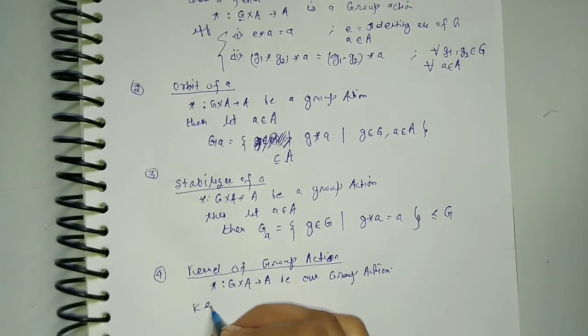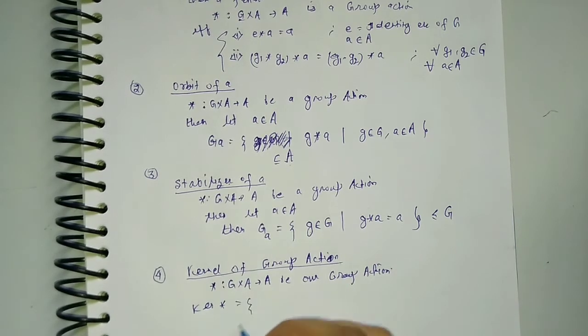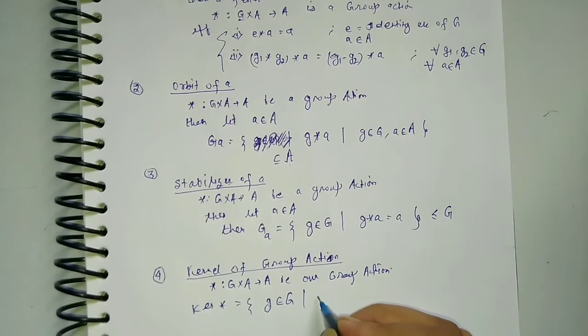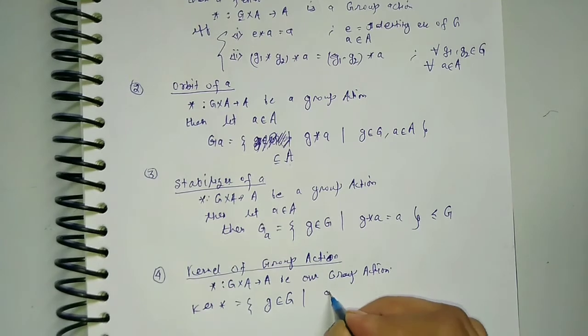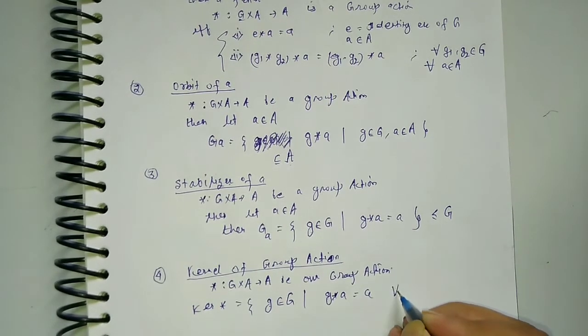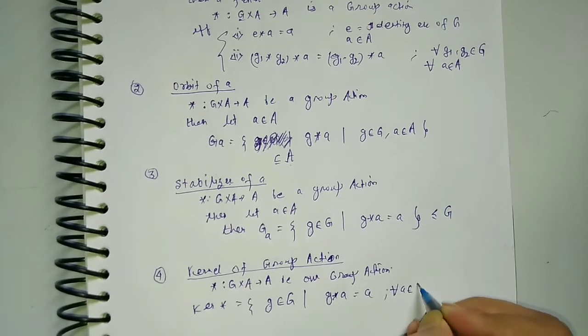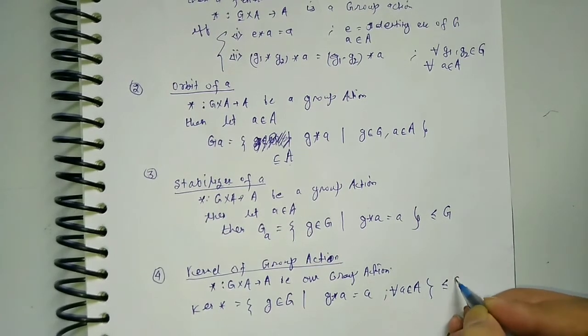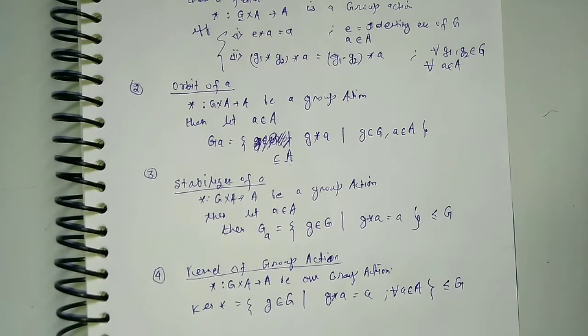Then kernel of this group action denoted by ker star, which is given by all such elements g from our group G, such that g star a is equal to a for all a belongs to capital A. So this is the definition of kernel of group action, and clearly it is a subgroup of our group G.